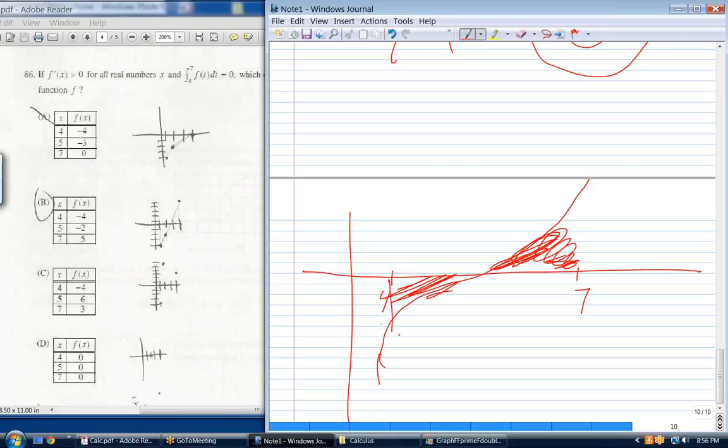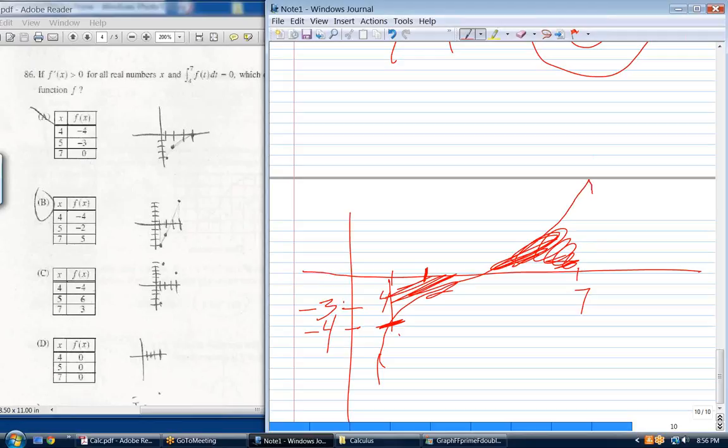In other words, the picture that I've drawn here, that could be the -4 for A. At x equal 5, we could still be in negative territory. That could be -3. And then at 7, the function is 0.